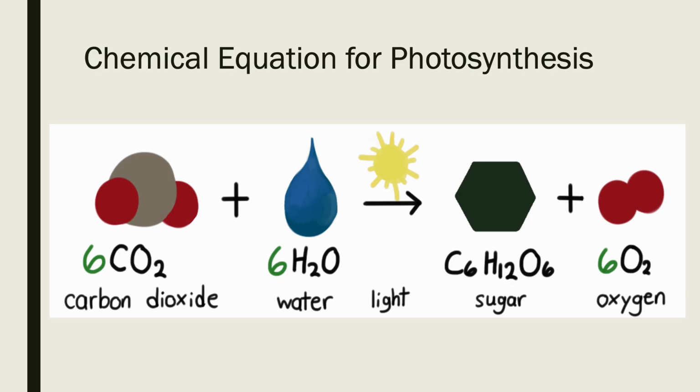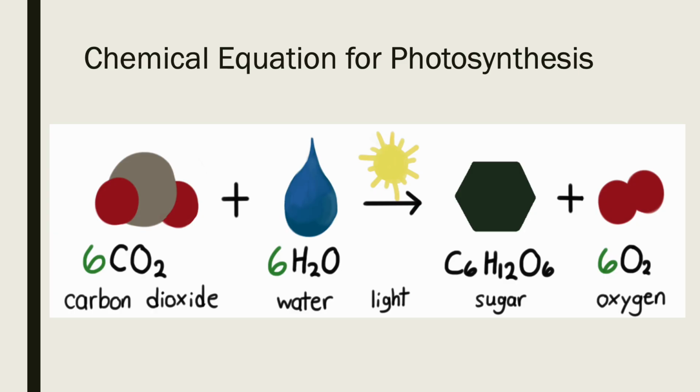Here's our chemical equation. So definitely be able to identify this on a multiple choice scenario. So our main inputs here for photosynthesis, carbon dioxide and water in the presence of sunlight energy will yield sugar. So C6H12O6 is glucose and some molecular oxygen.